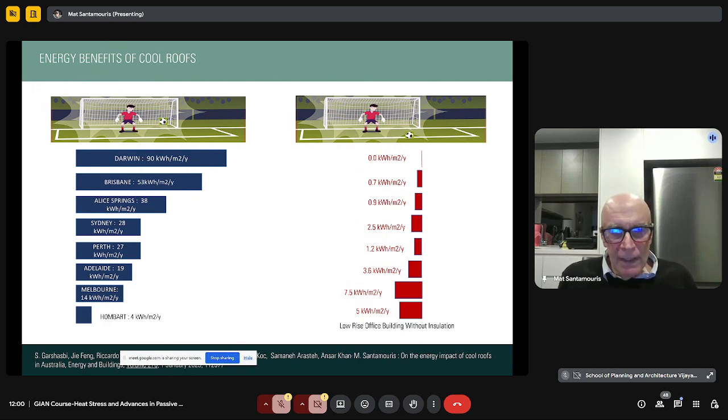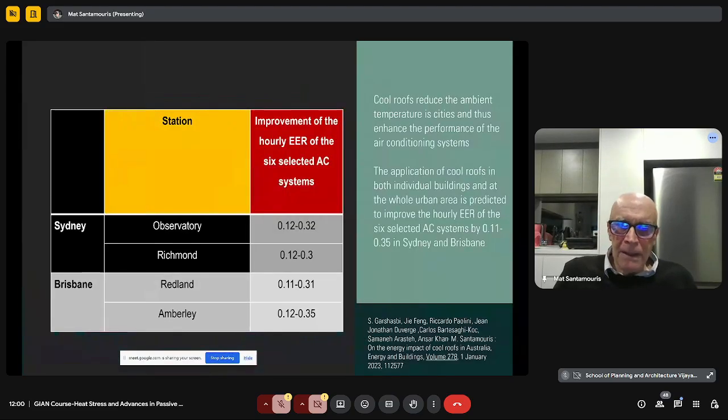For Sydney, the cooling benefit is 28 kilowatt hours, while the heating penalty is 2.5. And in Hobart, which is in Tasmania, a very cold climate, the heating penalty is higher, 5 kilowatt hours, than the cooling benefit. So in these areas, perhaps we can avoid using cool roofs.